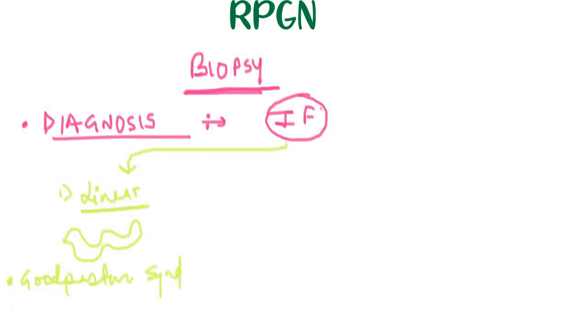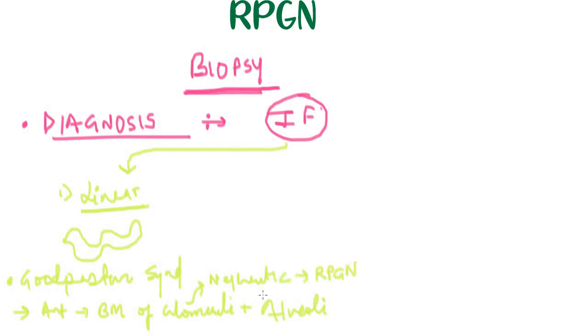To give a quick idea about Goodpasture's syndrome, there is formation of antibodies against the basement membrane of glomeruli plus alveoli. Due to antibodies against the glomerular basement membrane, there is nephritic syndrome, which progresses to RPGN.